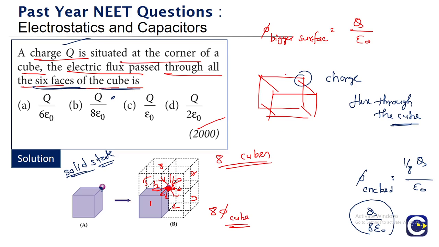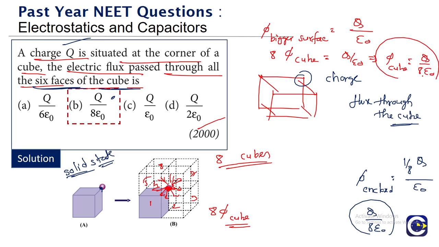So total flux will be 8 times the flux through each cube. That is Q by epsilon naught, which means flux through each cube will be equal to Q by 8 epsilon naught. We are going to get the same answer. Either we take the previous approach or this approach, we will get the same answer. What is it? Q by 8 epsilon naught.